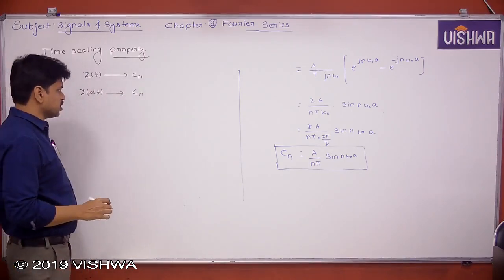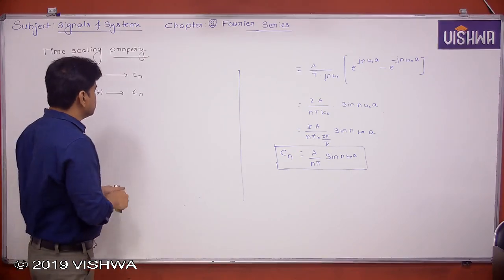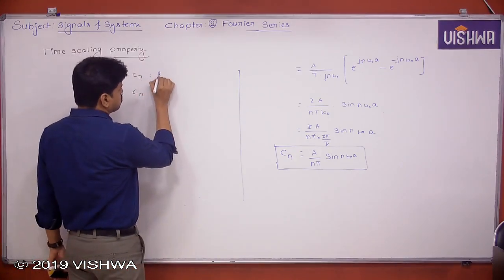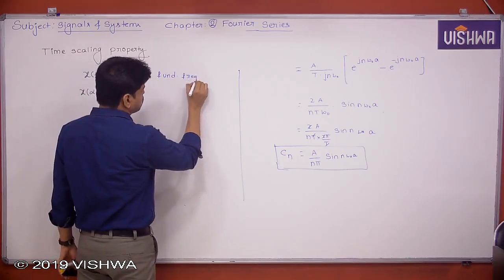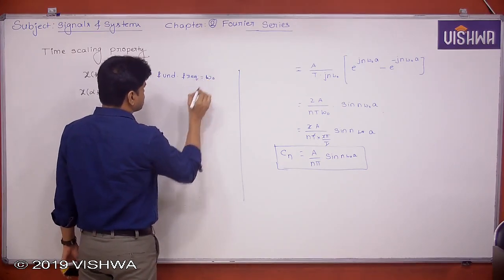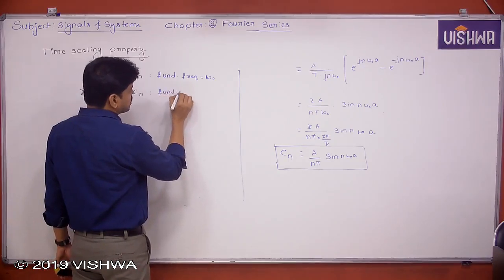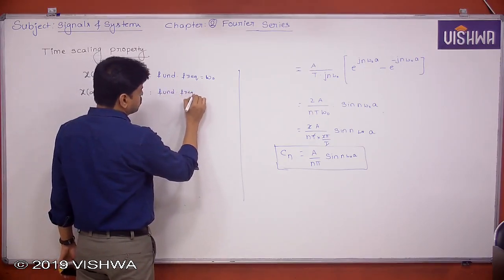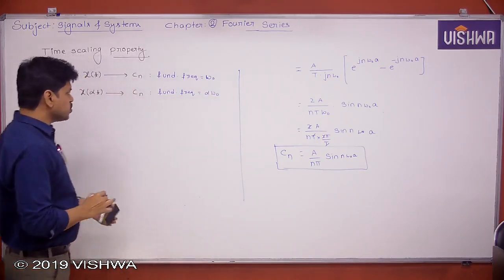How is it going to be, sir? But there is a small difference here. If you assume the fundamental frequency is omega naught, here the fundamental frequency will become alpha omega naught. How is it possible?